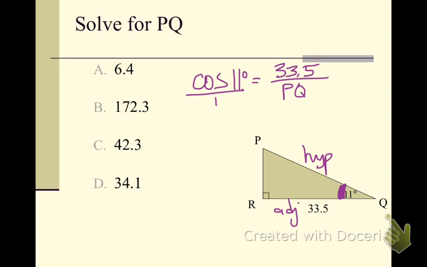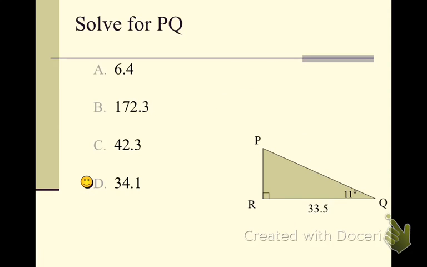Again, set up the proportion, cross multiply. PQ is going to end up being 33.5 divided by the cosine of 11 degrees. Plugging it in gets us our final answer for side length PQ, 34.1.